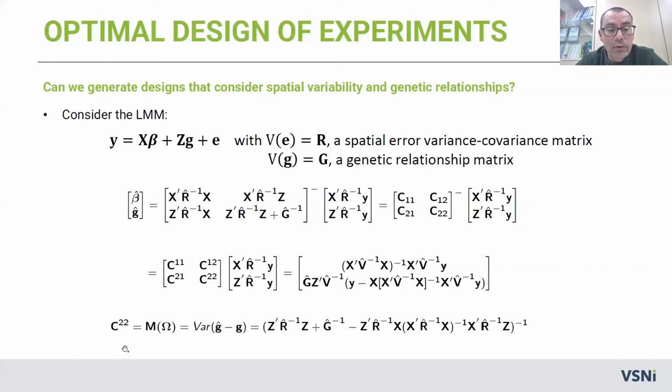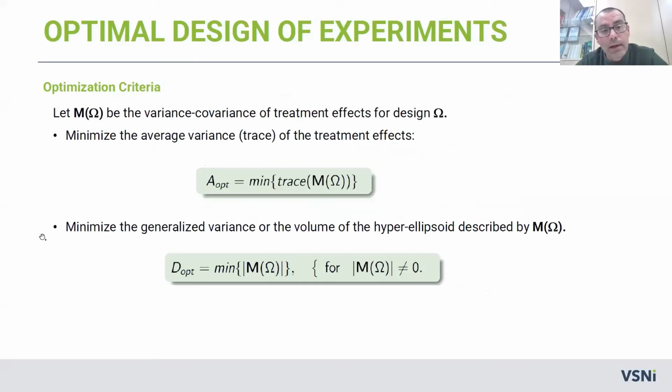So what you can do is play with this matrix. You want to say, I want to optimize this matrix by testing different designs. And this is how it's done. You use that matrix for any specific design. You say, I'm going to maximize the A optimality or the D optimality. By the way, the A optimality is what is used for the incomplete block designs and for the row-column designs everywhere around.